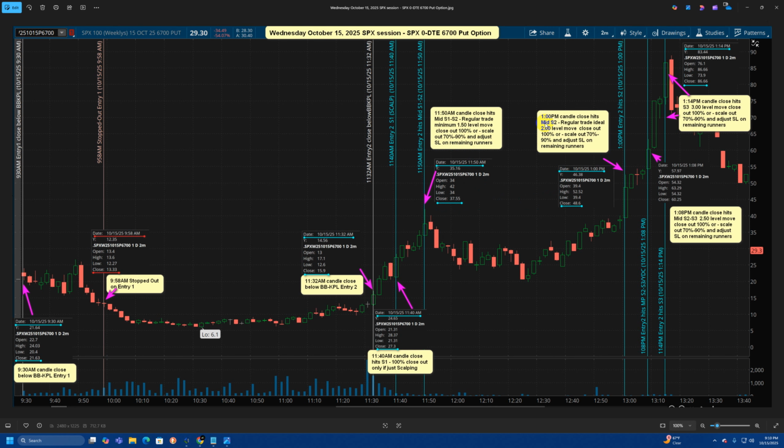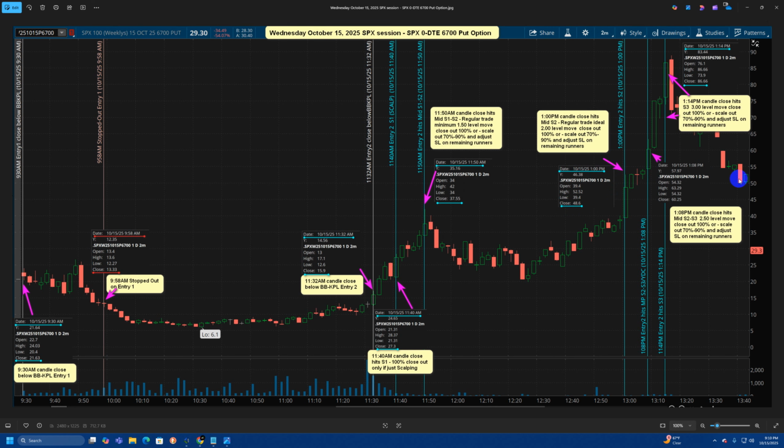So I apologize again for the typo here. This should just say S2. If you go back and look at the video, you'll see that on the 1 p.m. candle it hits S2, so my apologies for my typo here. This is the ideal two level move, close out 100%, scale out 70 to 90, adjust stop loss on remaining runners. Close of this candle 48.60.